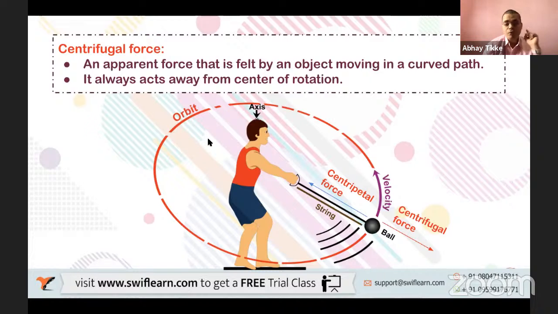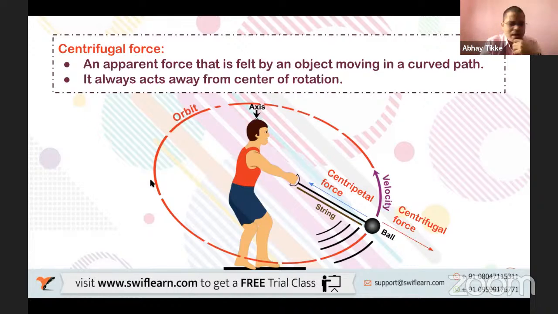So remember, very important thing, centripetal force always acts towards the center, centrifugal force always acts in the opposite direction of centripetal force, or in other words, I can say it is always acting away from the center of the circle. याद रहेगा बच्चों? क्लियर है? तो ये दो फोर्सेस के कारण क्या होता है, आपका जो बॉल है, या आपने एग्जांपल इसके से स्टोन हम रोटेट करते हैं सर्कुलर पाथ में, so that continues its motion because of these two forces.